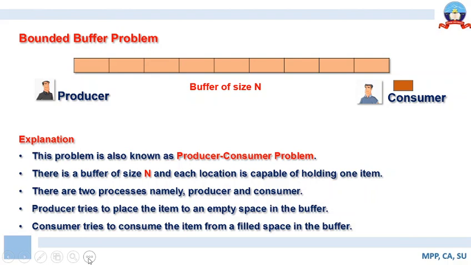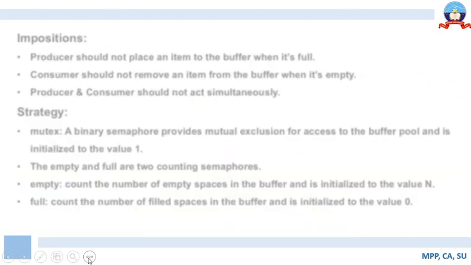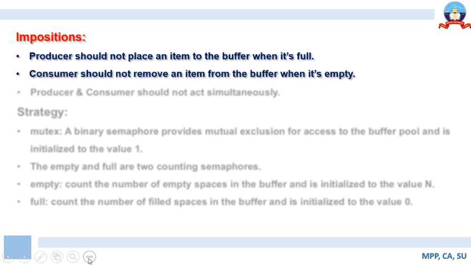We have also learned about the impositions on the bounded buffer problem. There are 3 impositions. The producer should not place an item to the buffer when it is full. The consumer should not remove an item from the buffer when it is empty. And producer and consumer should not act simultaneously, so they cannot perform operation at the same point in time. In order to formulate the strategy, we considered 2 types of semaphores.